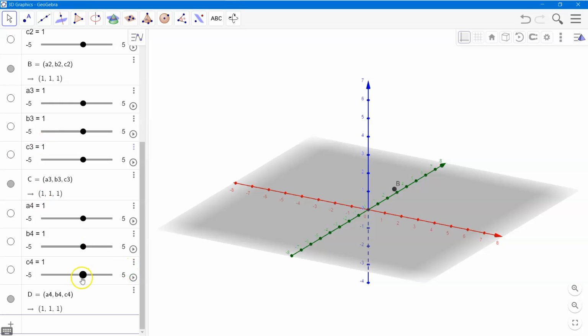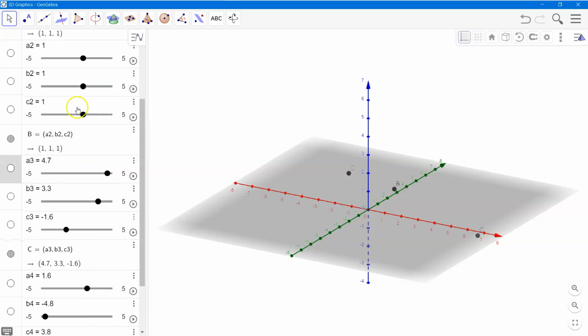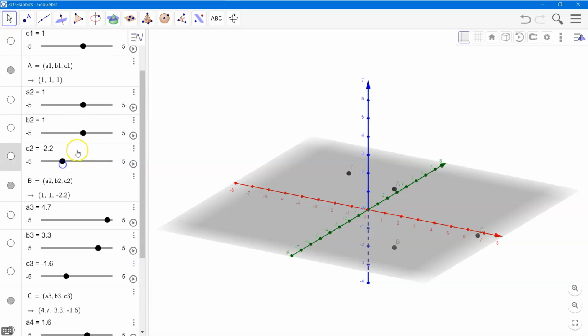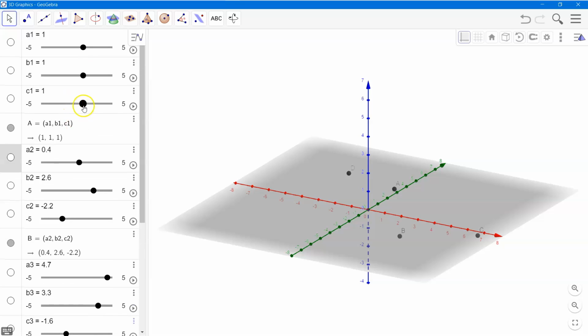So basically we have 4 points, and we have already seen this in our previous session, the tetrahedron, and we said when the volume of the tetrahedron is 0, the points are coplanar. Remember that? So basically those 4 points lie on the same plane.